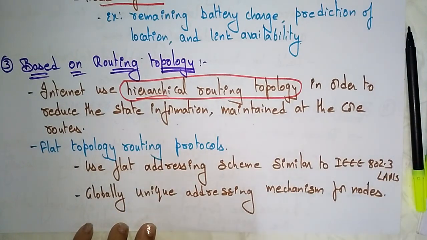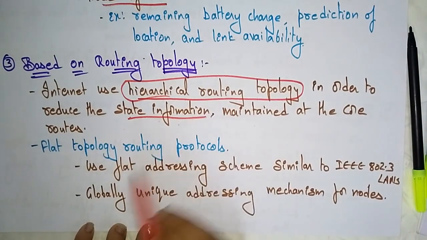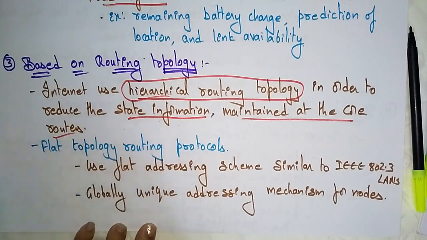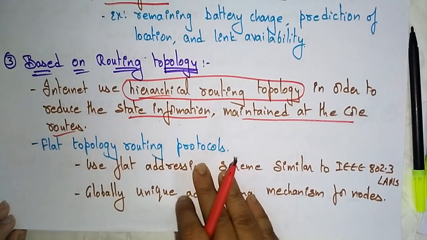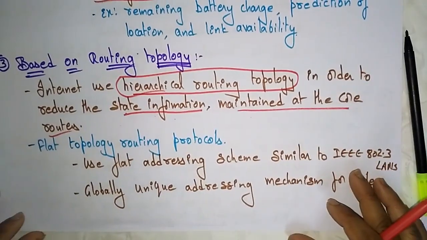Because it reduces the state information maintained at the core routers. Based on routing topology, the examples are flat topology routing protocols and hierarchical topology routing protocols.